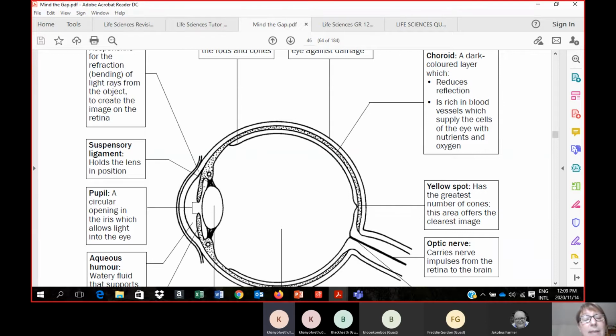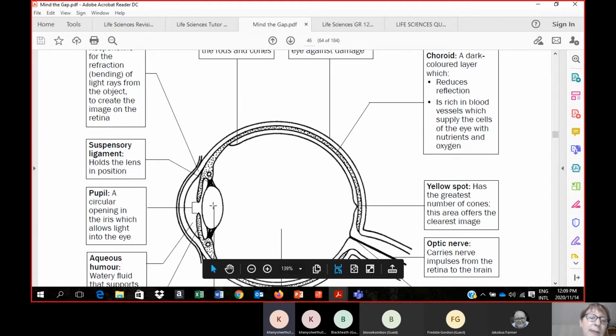So that's the iris. Then you've got over here the ciliary body, and the ciliary body contains a muscle called the ciliary muscle. And this muscle we're going to talk about later because it plays a very important role in something which we call accommodation. And accommodation is when the lens over here changes shape in order to see objects at different distances.